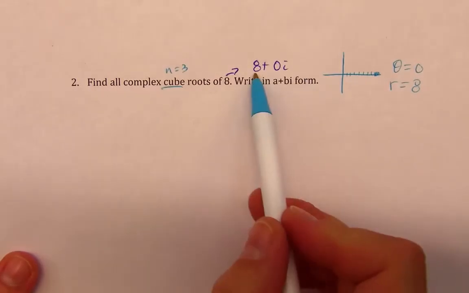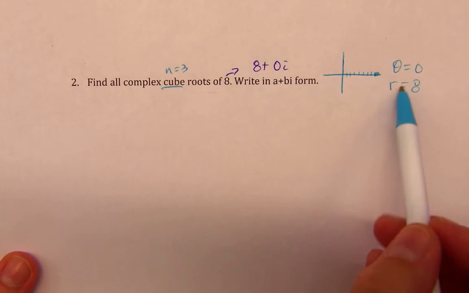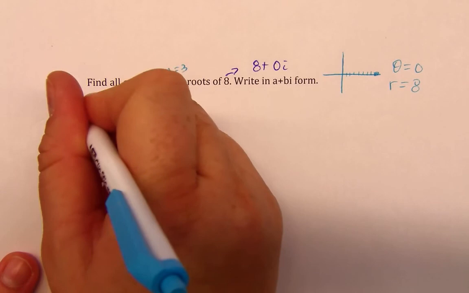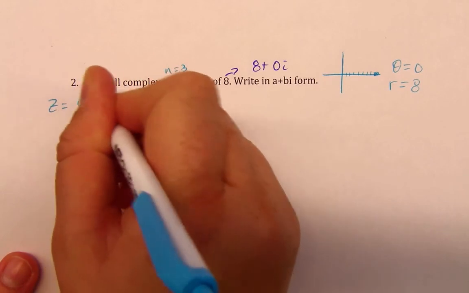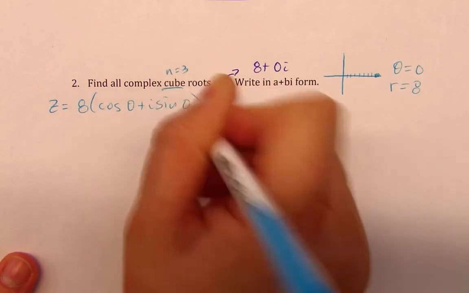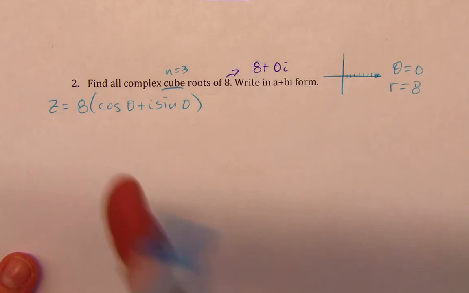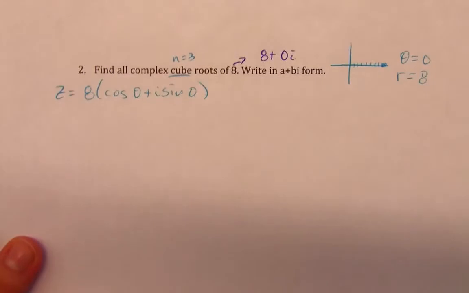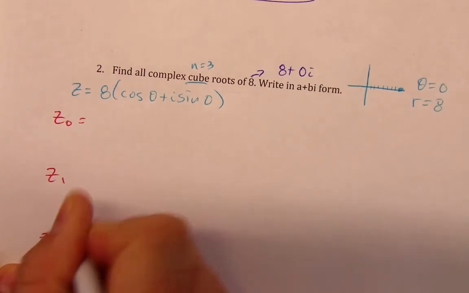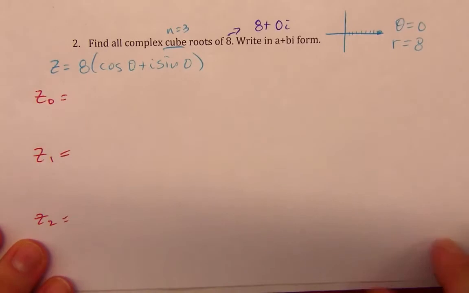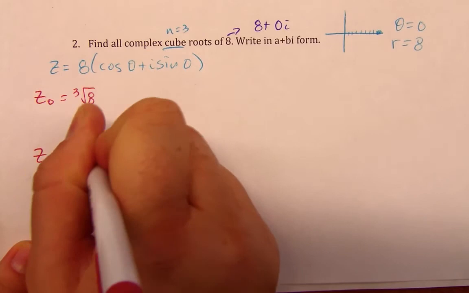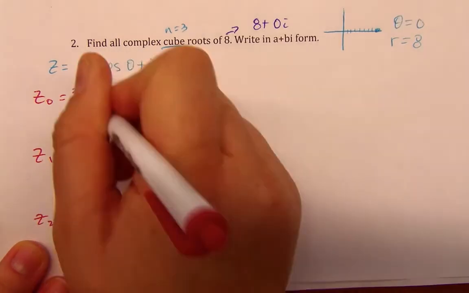So since we know what it is in rectangular form, now that we have this information, we can write z in polar form. So r is 8, and then we have cosine of 0 plus I sine of 0. So now we can go ahead and evaluate this. We want to find z of 0, z of 1, and z of 2. Since we're taking the cube roots, we stop 1 before that. So the cube root of 8, cube root of 8, and cube root of 8.